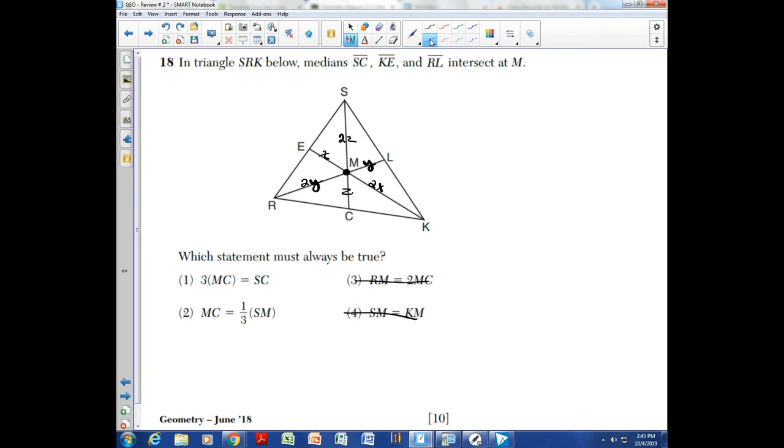If you look at MC, which is z, and you multiply it by 3, you're going to get 3z. But when I look at SC, I see, oh, wait a sec. SC is going to be the sum of its parts. It's going to be 2z plus z, which is 3z.